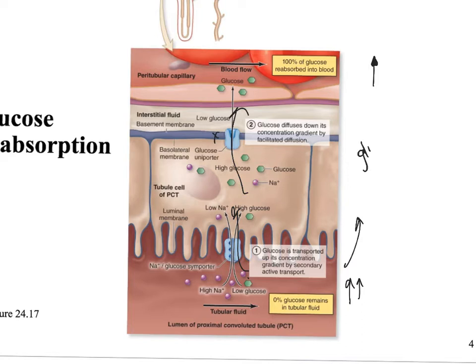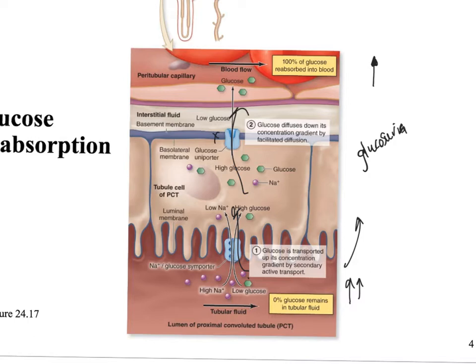And you end up with glucosuria, or glucoseuria. Glucoseuria, there's an S in there. It's indicative of the first sign of diabetes. Questions? So glucose is a great example of those substances that are 100% reabsorbed, freely reabsorbed.